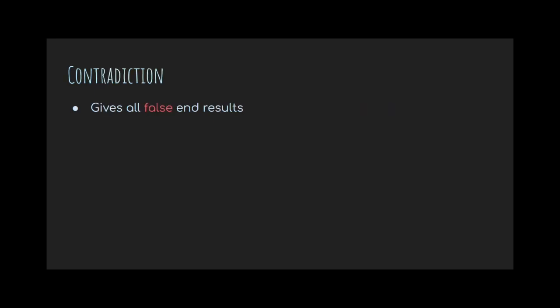So a contradiction is the opposite of a tautology. All of your end results have to be false in the last column. So let's negate that tautology that we had written down. So the negation of, oh, hold on, let's try that again. Hold on, the negation of P and P implies Q implies Q. We have to find the negation of that whole thing.